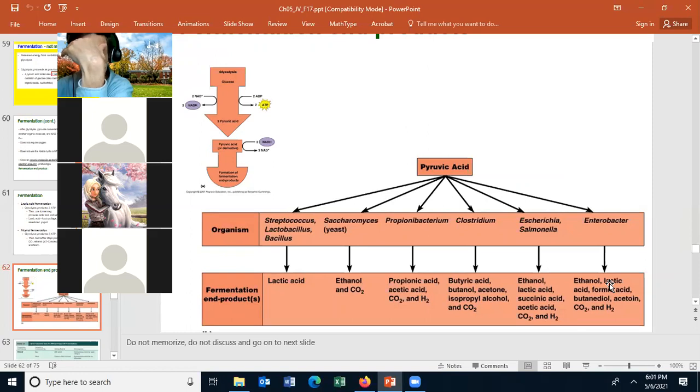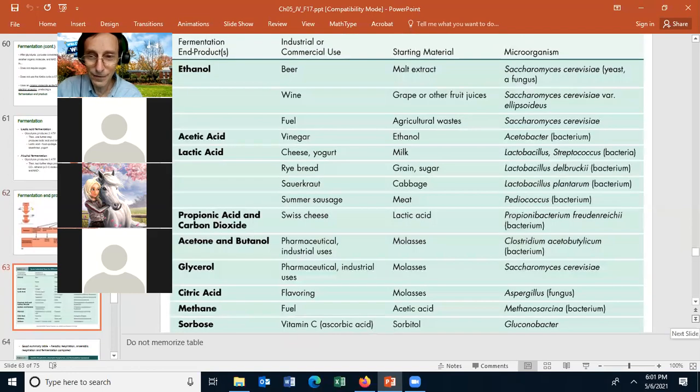It's an acid, nobody knows. I don't remember. Formic acid? That doesn't sound right. I'm losing it. Let's move on to the next slide, and hopefully I've got it on here.